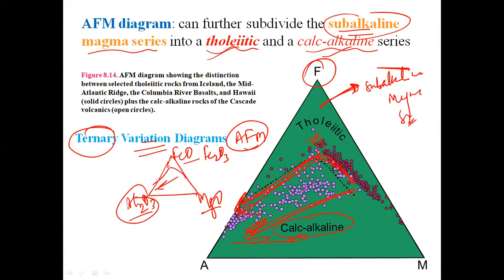It goes like this, and this goes like this. So now can you tell me what will be here? Which rock will be here, or which magma will be here?